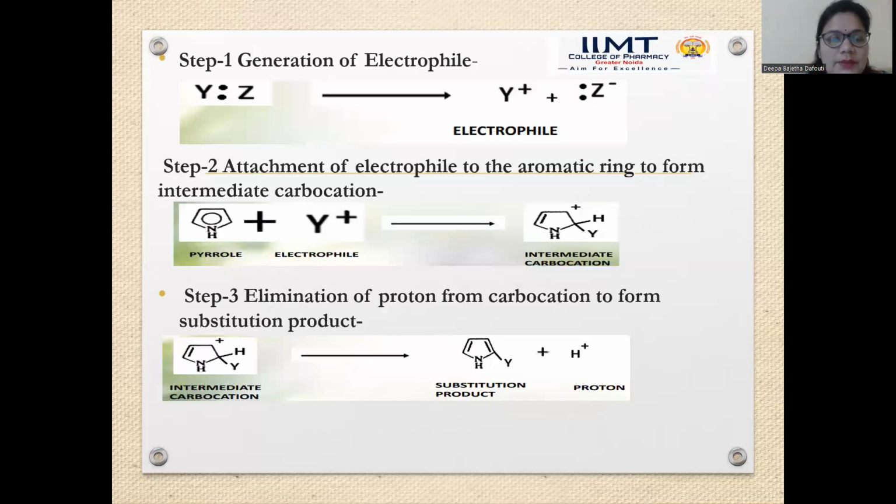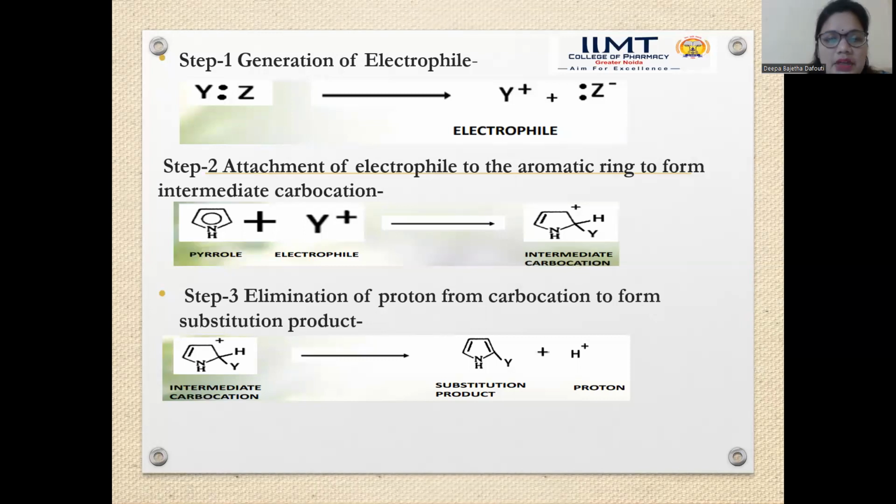So in the first step, we generate an electrophile. In the second step, this electrophile attaches to the pyrrole to form an intermediate carbocation.